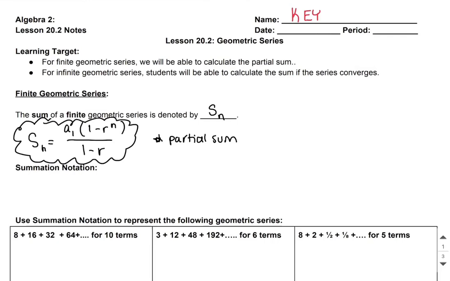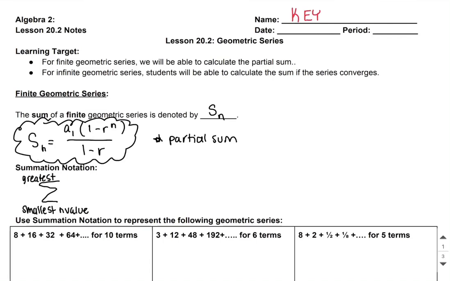Summation notation, just like for arithmetic series, is just another way of saying do this addition. I have that sigma sign, which means take the sum of, going from the smallest n value, so the smallest position term that you have, to the highest.